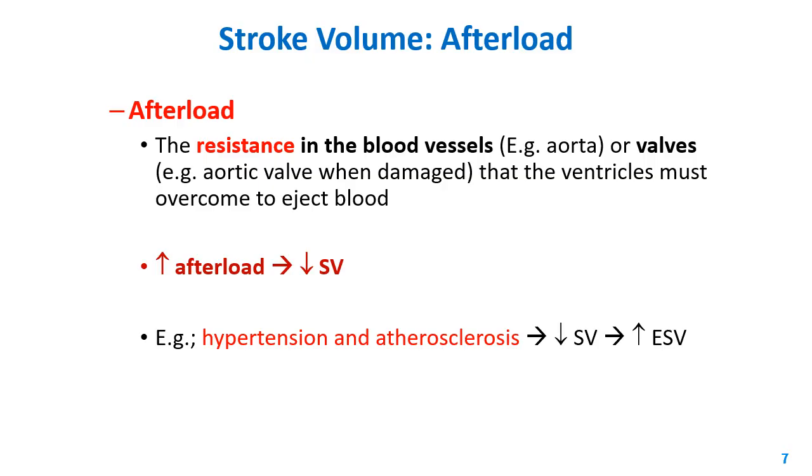All right. So now we're talking about this other thing here, right? So afterload. Afterload is really the resistance that the blood is going to have when it's coming out of the ventricle. So you're basically talking here about the aortic resistance, and also about the valves, right? So your aortic valve, right at the aorta, coming out of the ventricle.